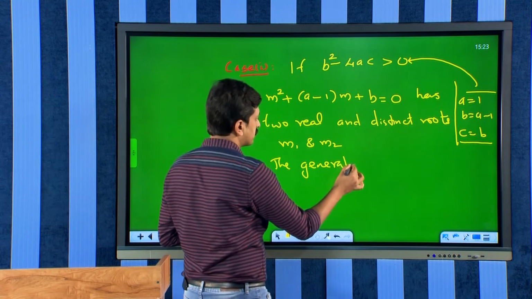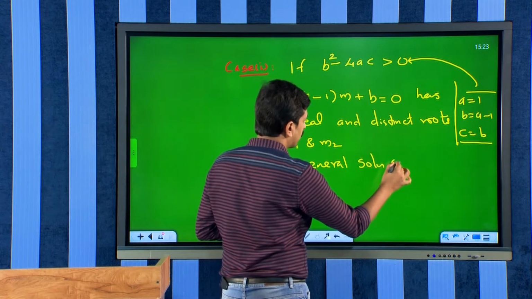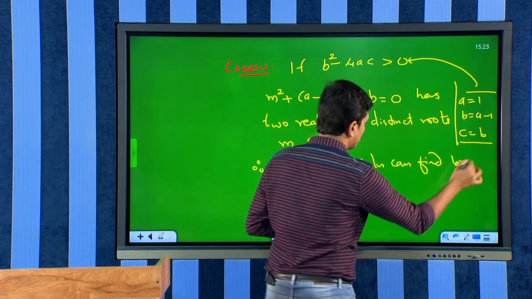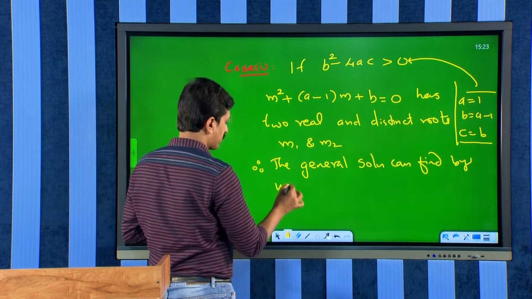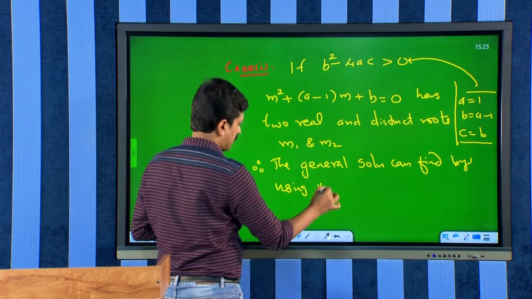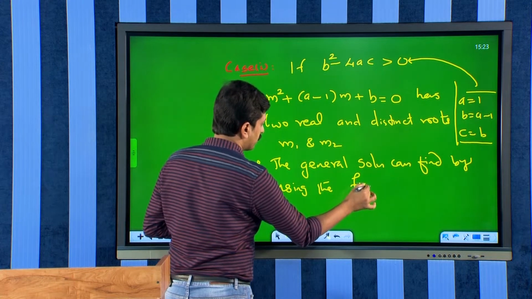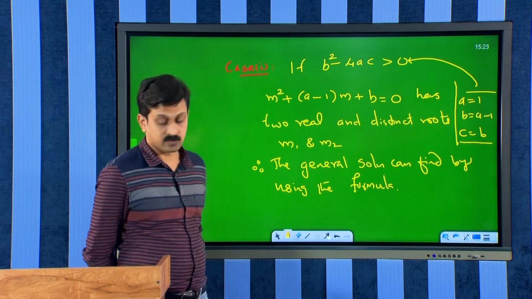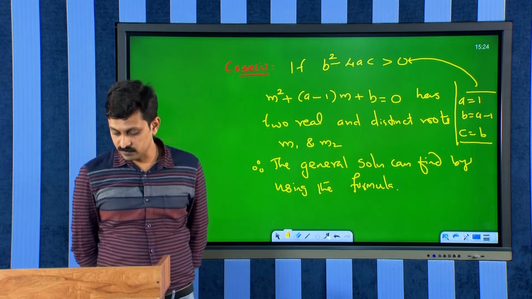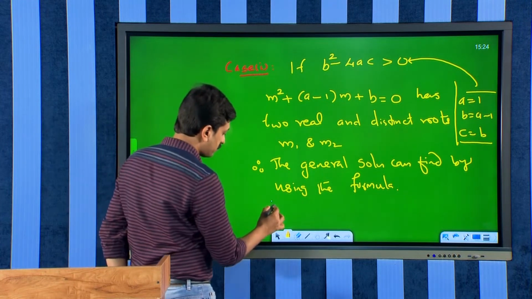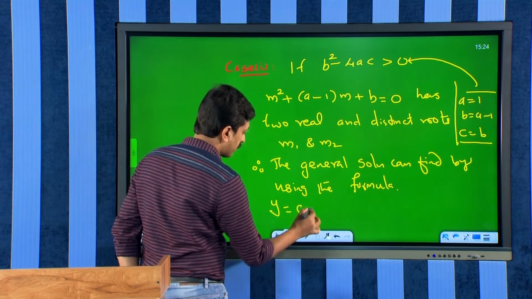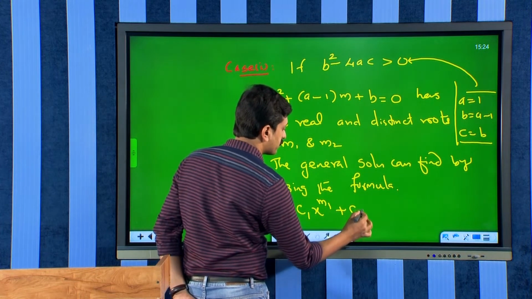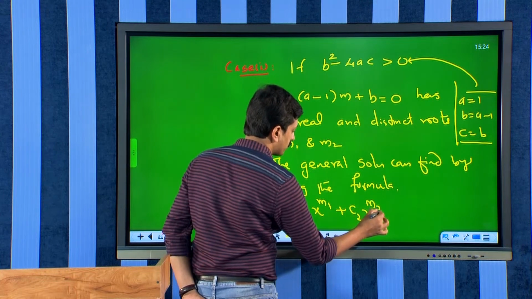Therefore, the general solution can be found by using the formula y is equal to c1 x raised to m1 plus c2 x raised to m2.